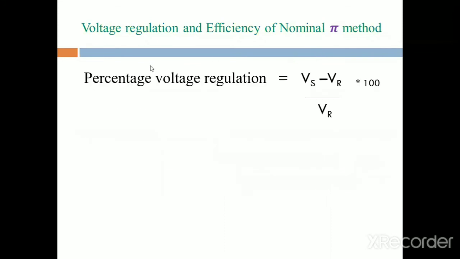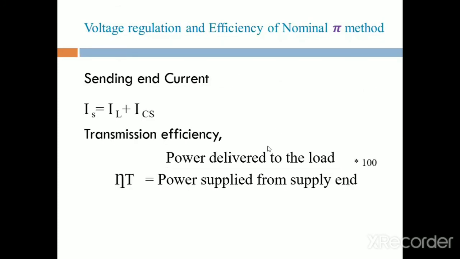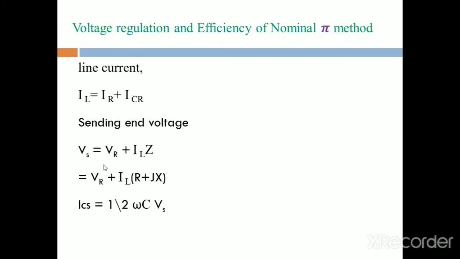Next, coming to the percentage voltage regulation, that is Vs minus Vr by Vr into 100. Vs is the sending end voltage and Vr is the receiving end voltage. We already calculated the formulas for Vs and Vr. Vs is equal to Vr plus IL into R plus jX. What is the formula for IL? IL is equal to IR plus ICR.